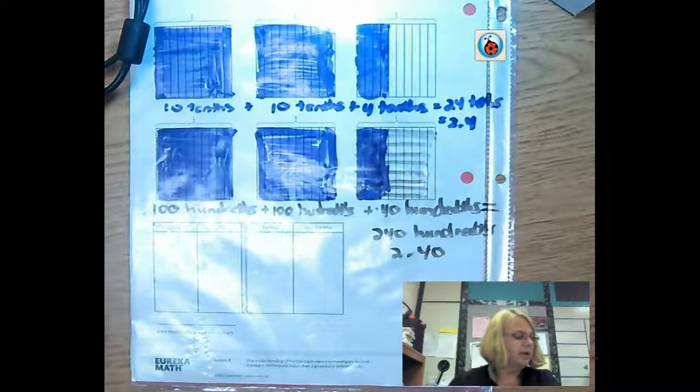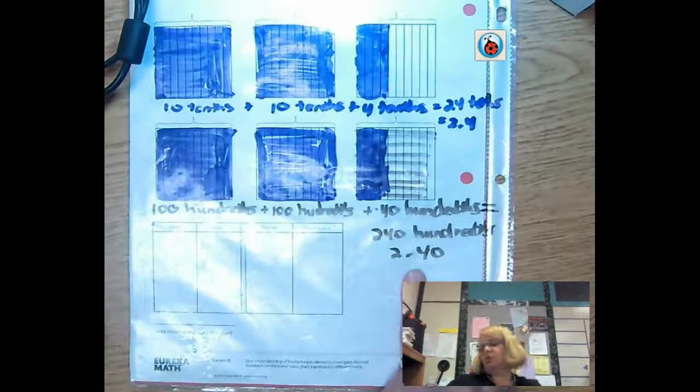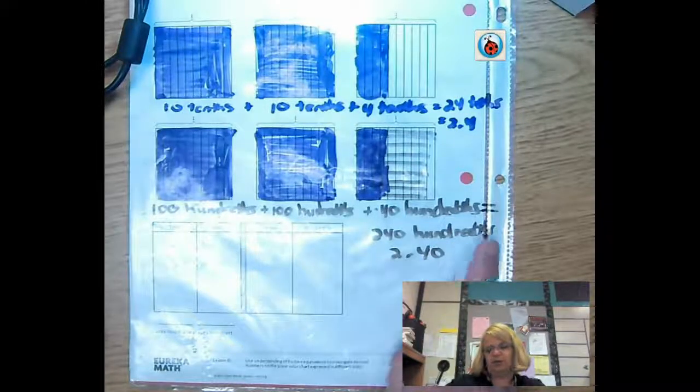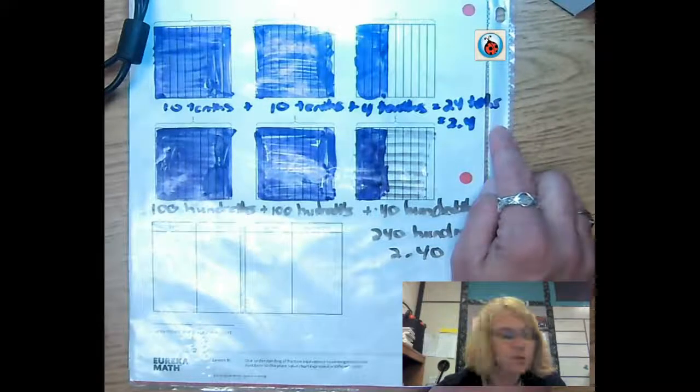So, my question to you now is, 2.40, 2 and 40 hundredths, or 240 hundredths, the same as 24 tenths, or 2.4, 2 and 4 tenths?